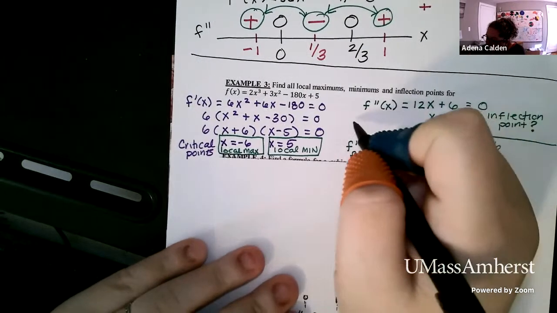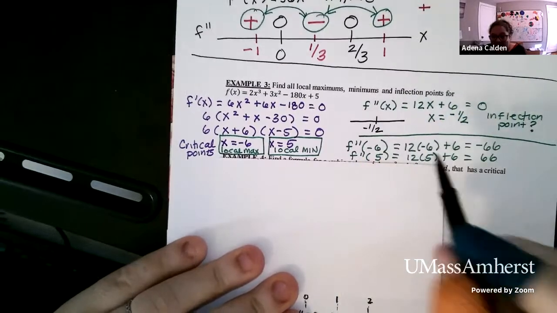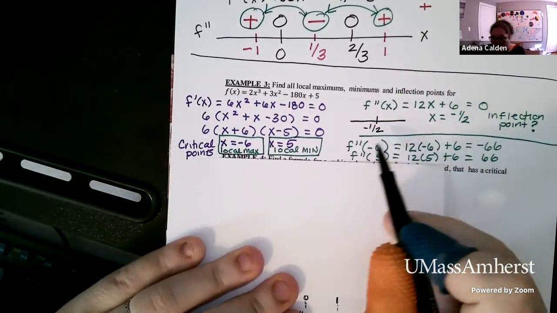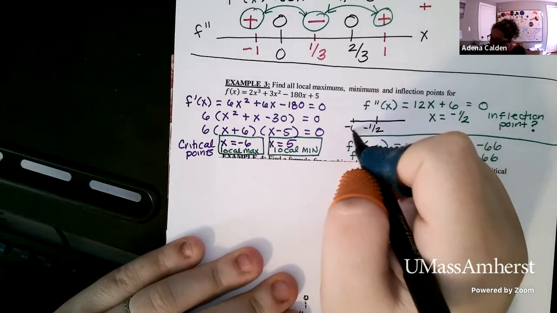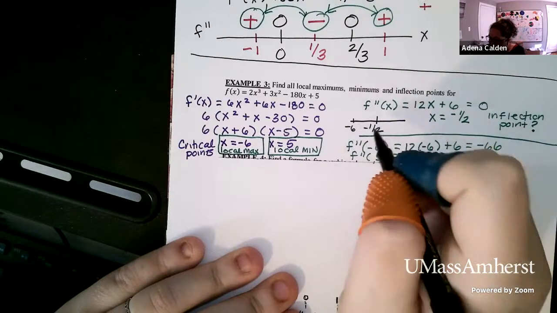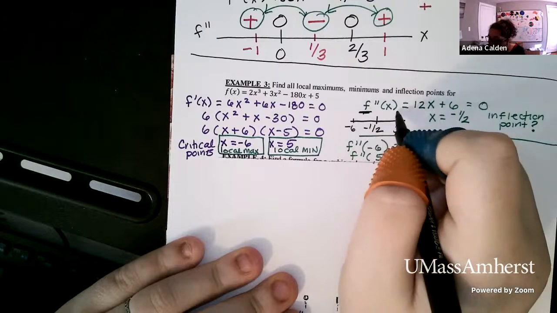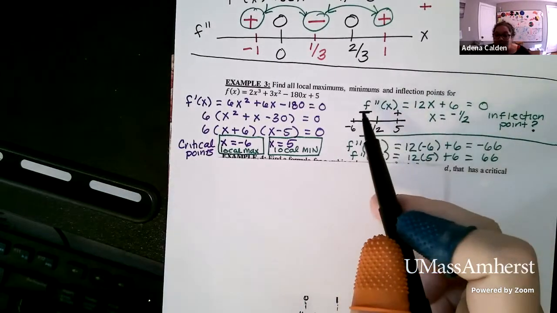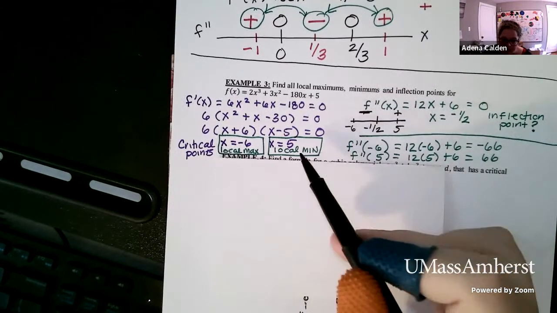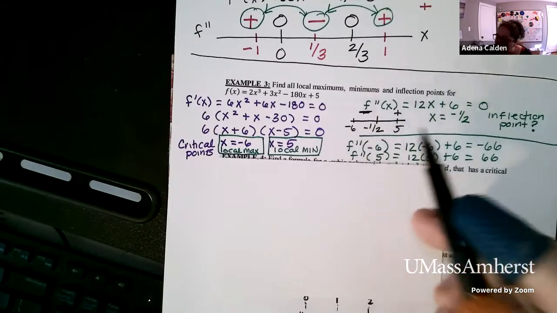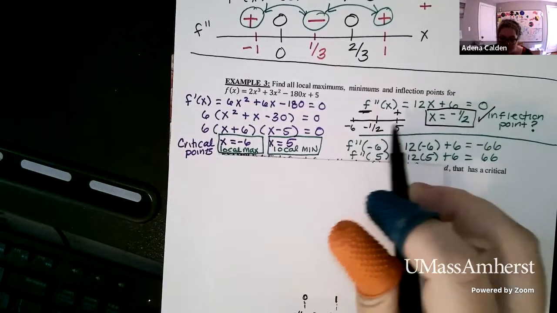Okay, so I know that I have to test points on either side of -1/2, but I already did that with these critical points, right? So -6 is to the left, and at -6 I was negative. Positive 5 is to the right of -1/2, and that gave me something positive. So I can use the signs from this test to also determine that this is indeed an inflection point because it changes signs.